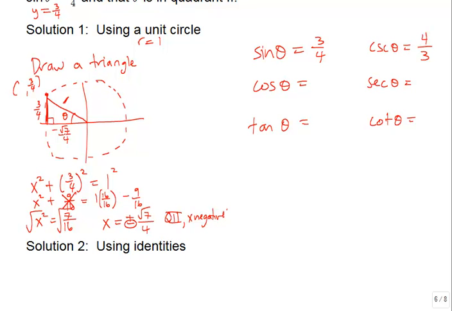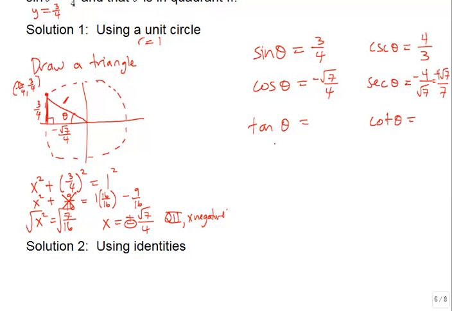And the x coordinate of this terminal point is cosine. So we now know the value of cosine, and we therefore know its secant value because the secant is just the reciprocal. So if I flip this over, we would get negative 4 over square root of 7. If you want to rationalize, that would be negative 4 root 7 over 7.